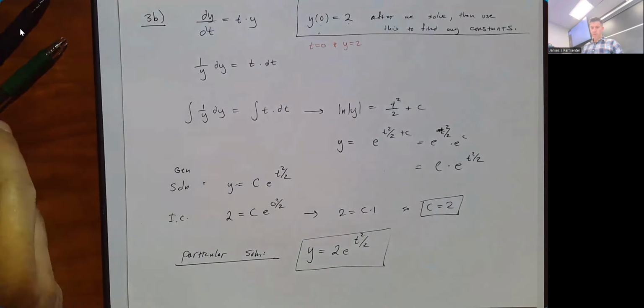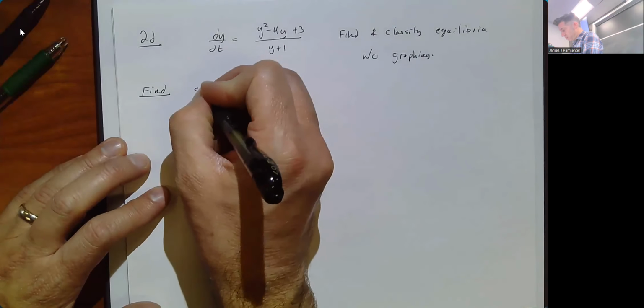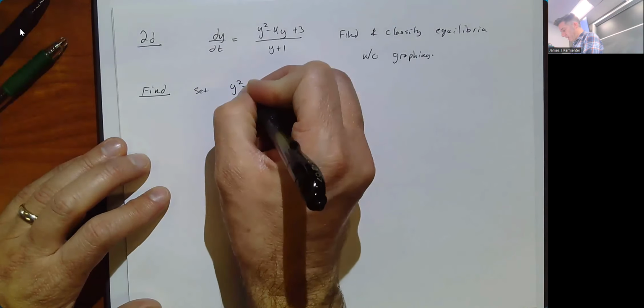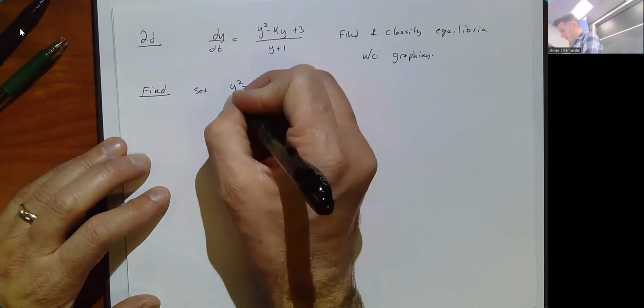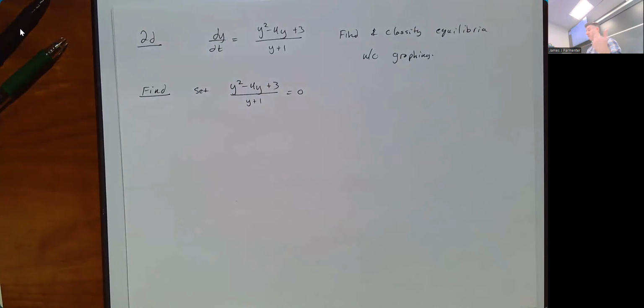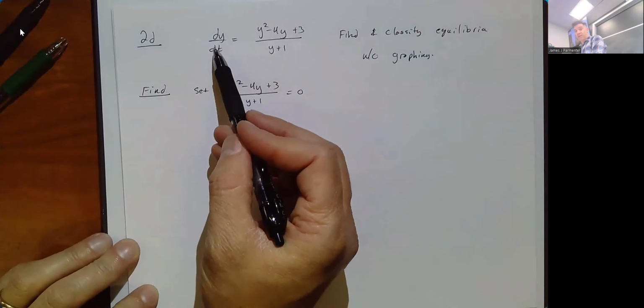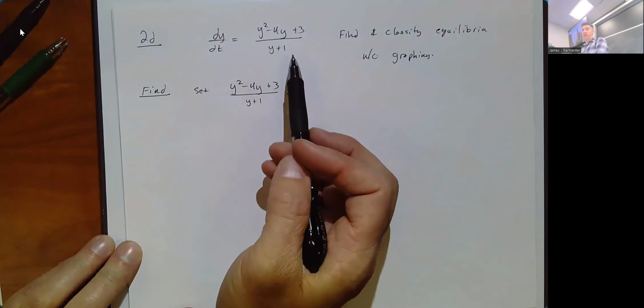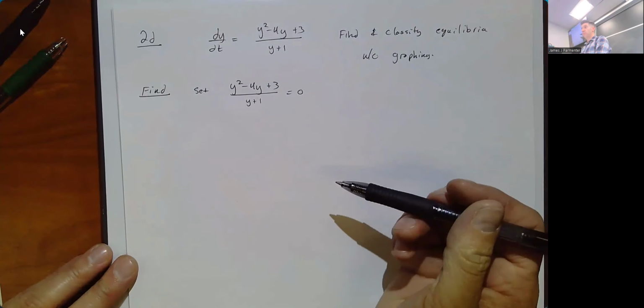Okay, so first the find part. To find the equilibria, we set the derivative equal to 0. So set y squared minus 4y plus 3 over y plus 1 equal to 0. I said the derivative, I didn't take the derivative, because the derivative dy/dt is equal to y squared minus 4y plus 3 over y plus 1.